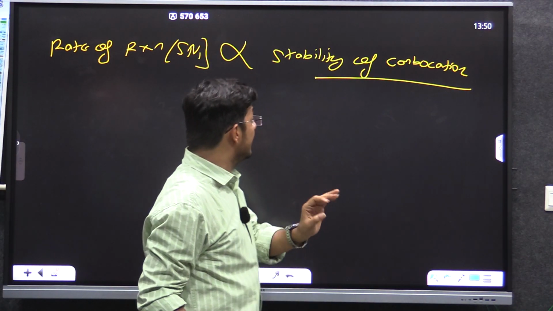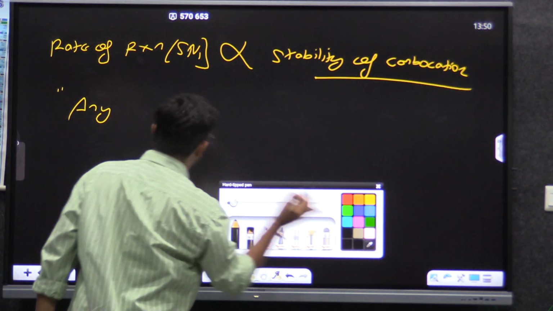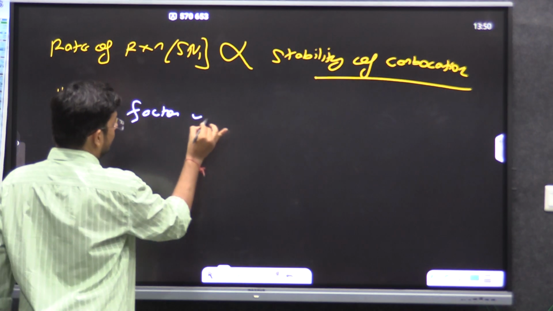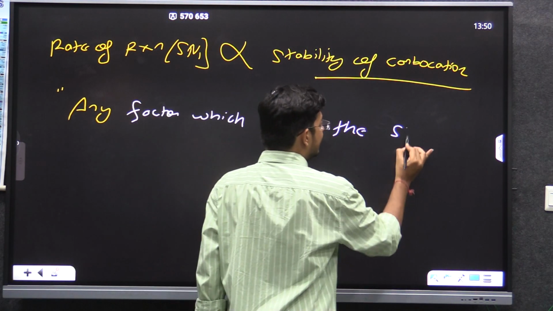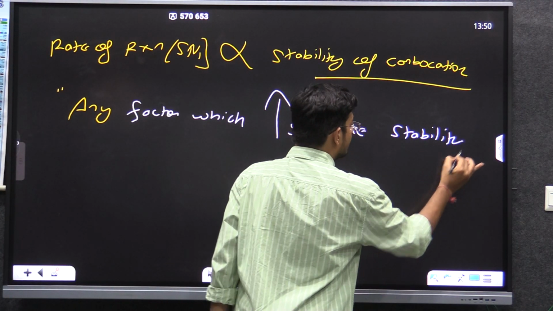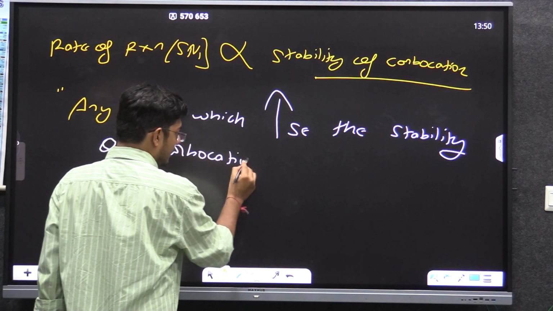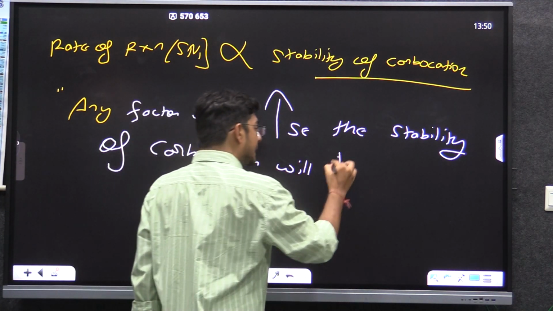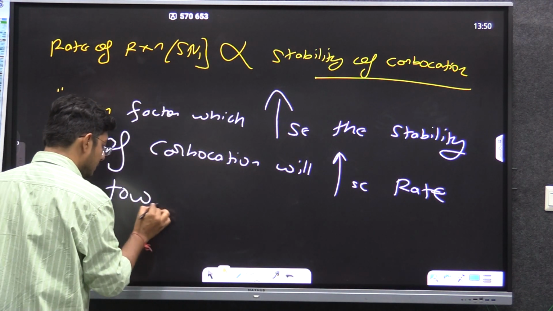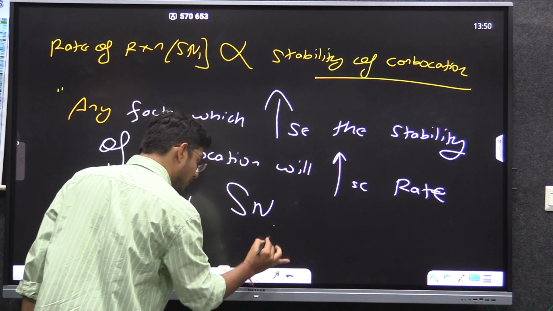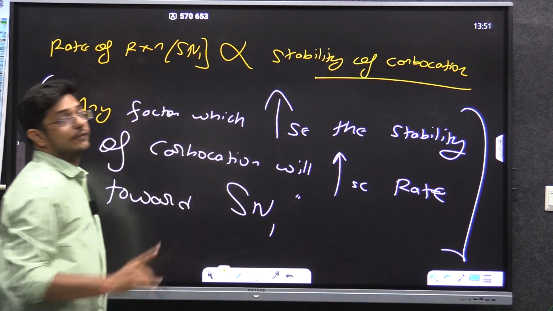The most important point is, any factor which increases the stability of the carbocation will increase the rate of SN1. This is the key and one of the most important points to learn for SN1.